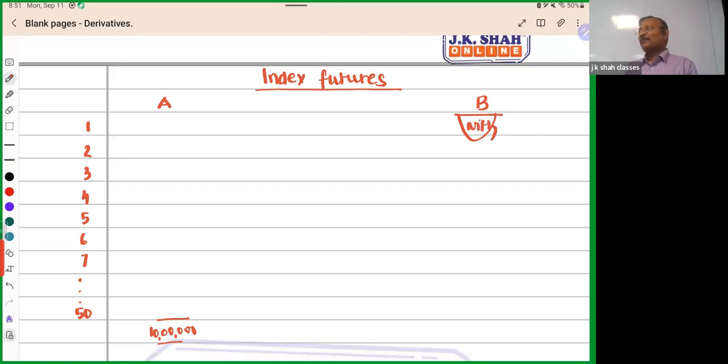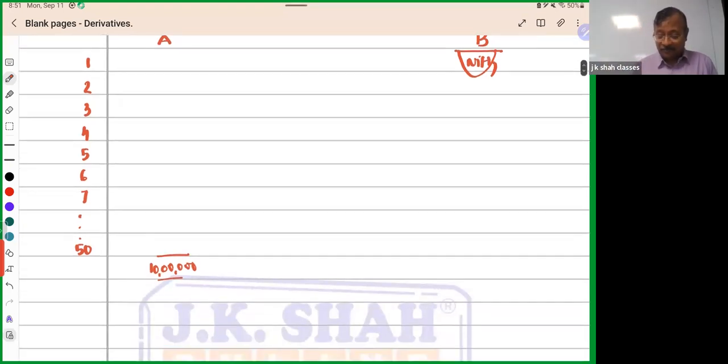Now you say, sir, you just said Nifty cannot be bought. I said, hypothetically, let us presume this can be bought. Which means Mr. B will buy Nifty worth 10 lakhs. And understand, Nifty is an exact representation of these 50 stocks, which means as on day one, these two portfolios are equal.